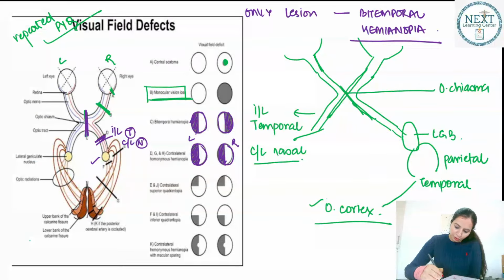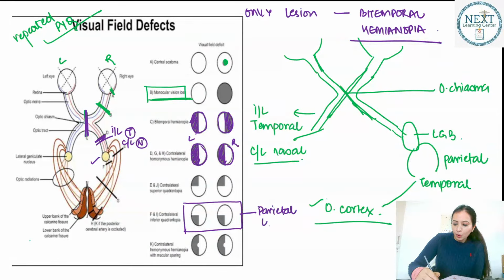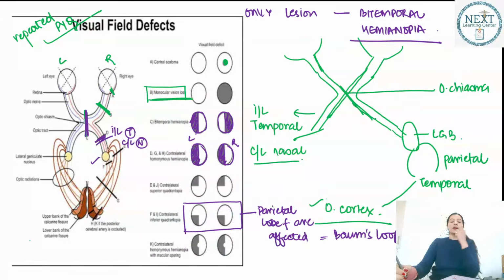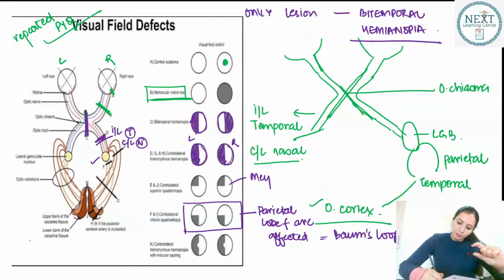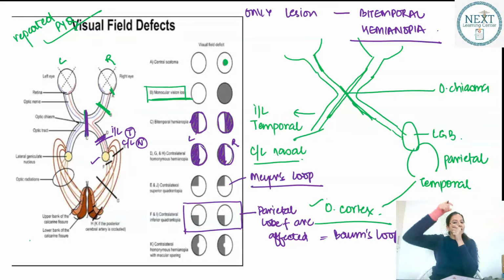Let me show you this. This occurs when your parietal lobe fibers are affected. Parietal ones are known as Baum's loop. Then the fibers that loop around the temporal lobe are known as Meyer's loop. What will happen? Since the parietal ones are superior, the patient gets an inferior field defect.